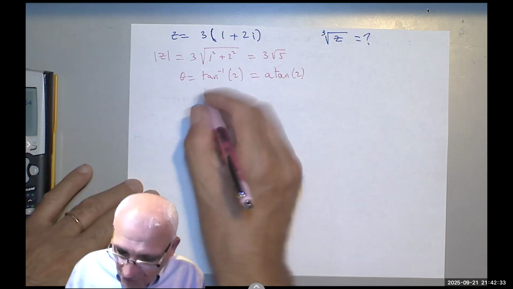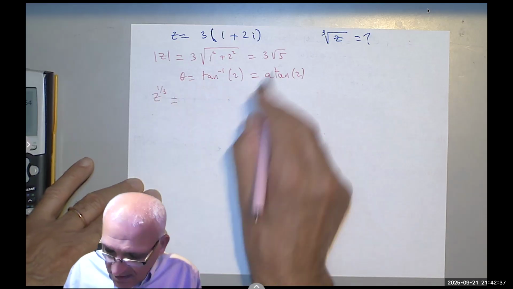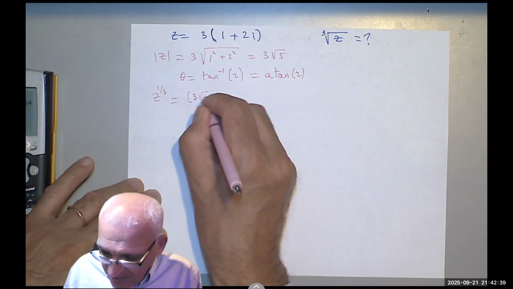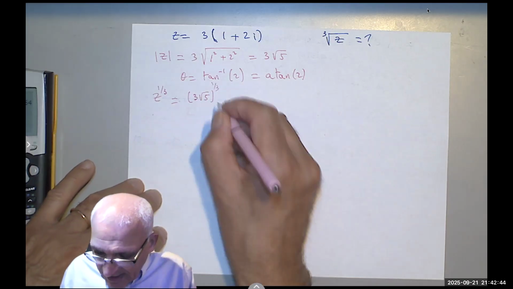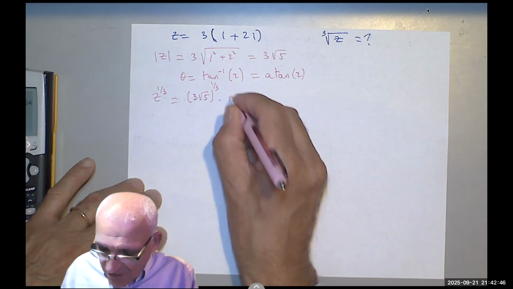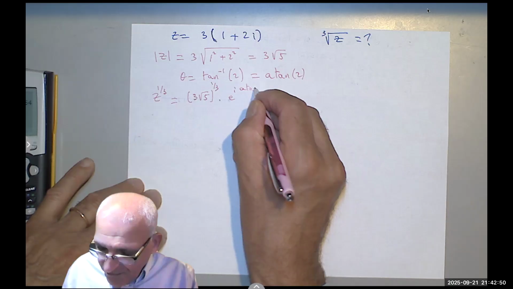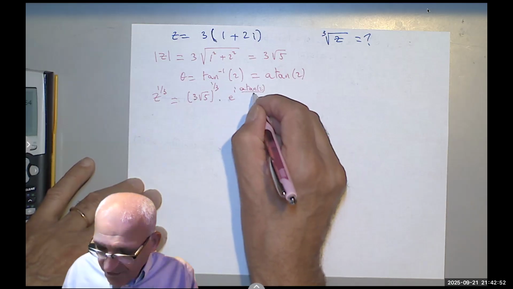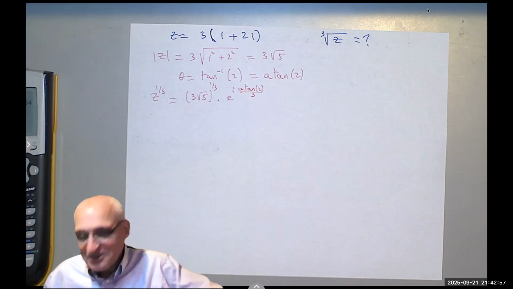So to take z to the 1/3, you will get 3 root 5 to the 1/3, times e to the i arctan of 2 over 3. It's not arctan 2/3, by the way. We are not dividing the 2.